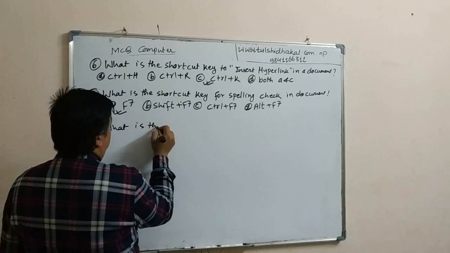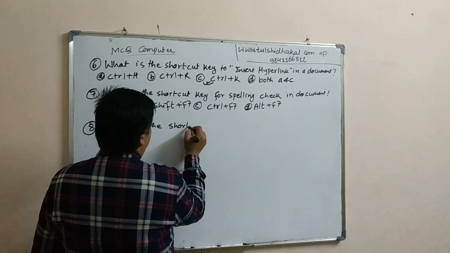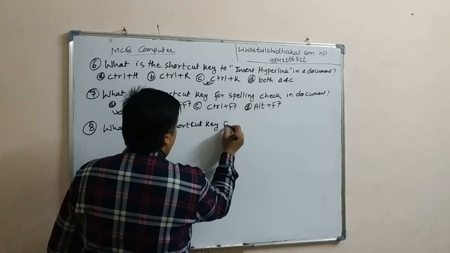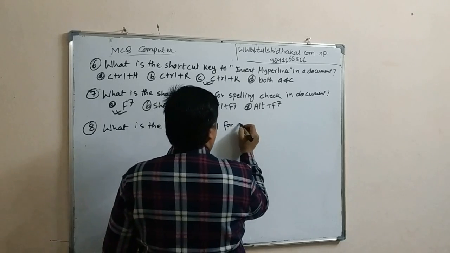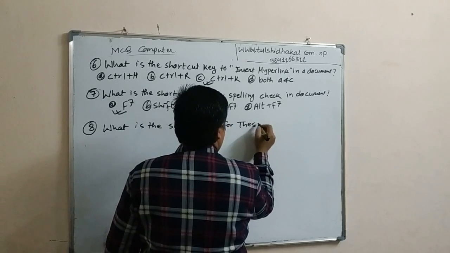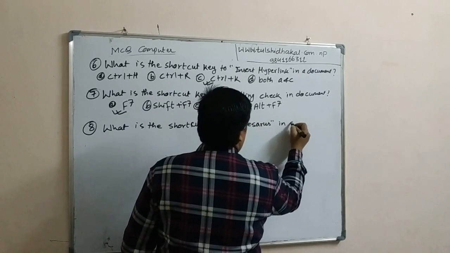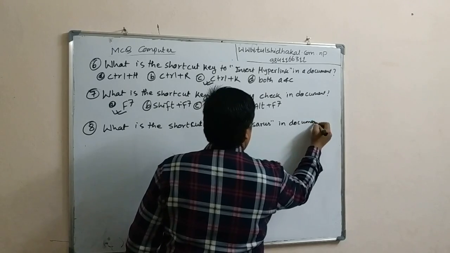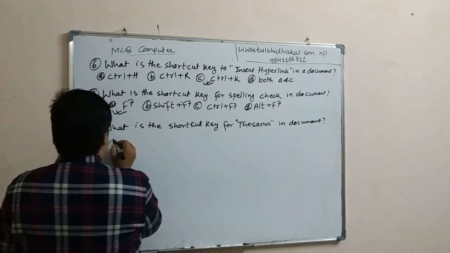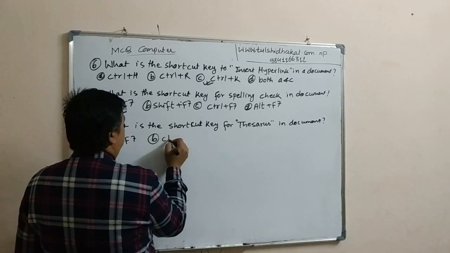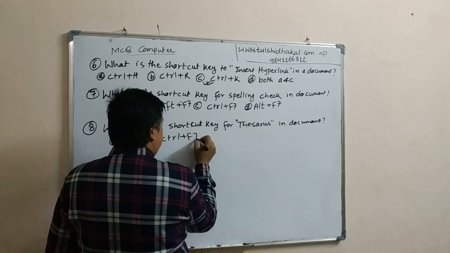What is the shortcut key for thesaurus in a document? Option number A, F7. Option number B, Control plus F7.